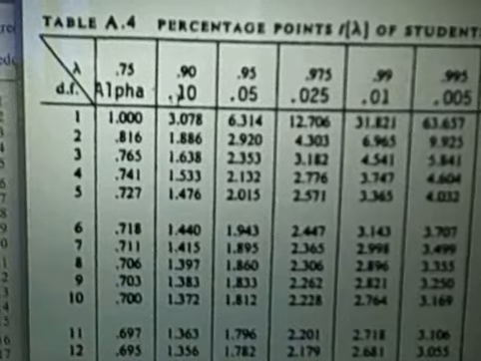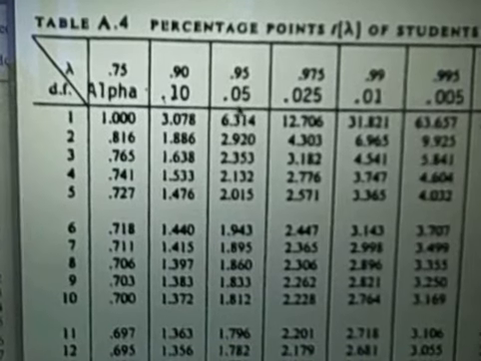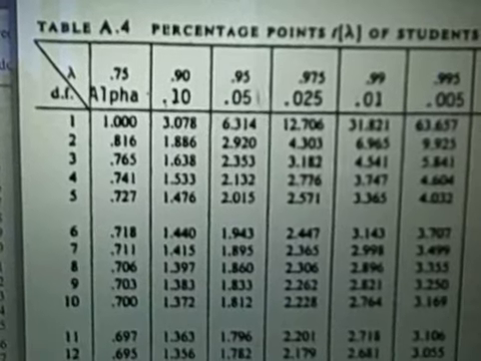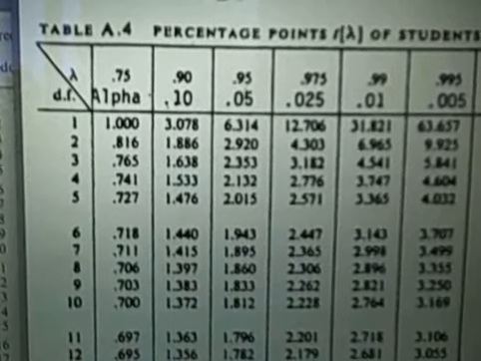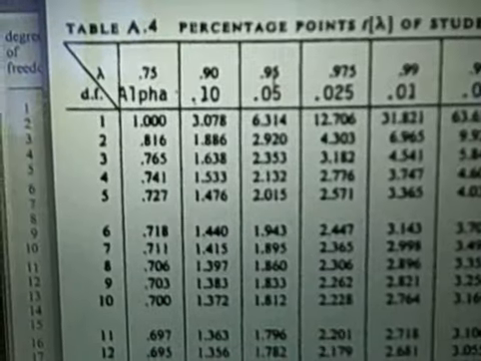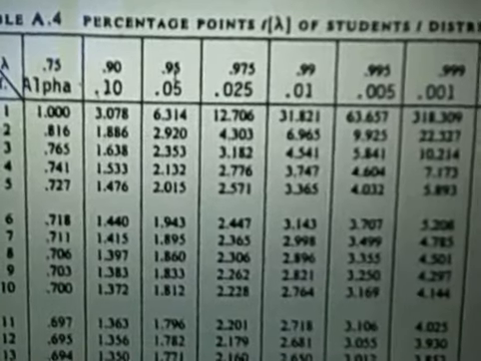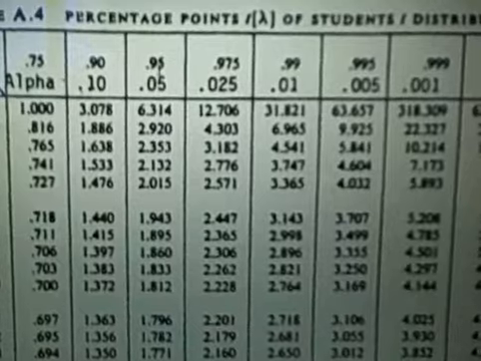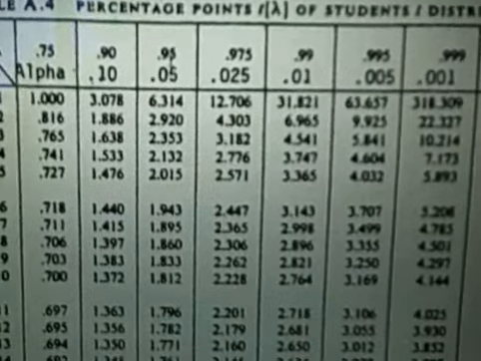So when Gary says p equals 0.05, he's talking about this alpha level of 0.05. If we convert that to a percent, p equals 0.05 is actually 5%.